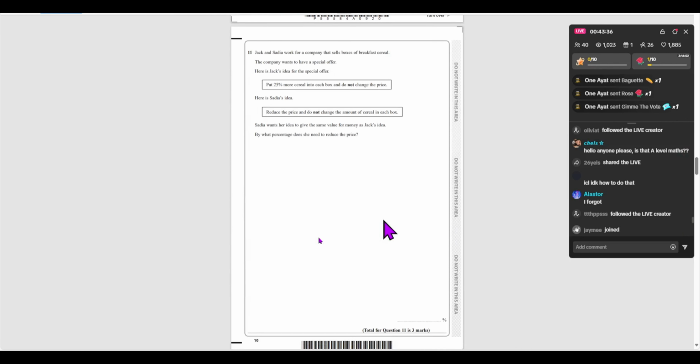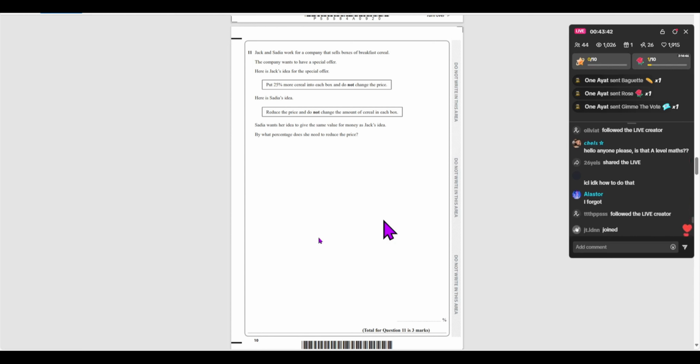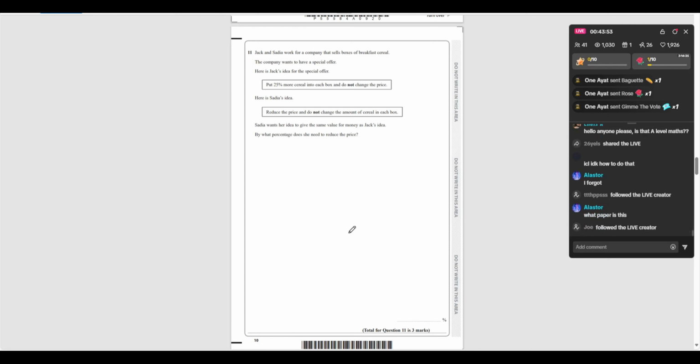Question number 11. Jack and Sadia work for a company that sells boxes for breakfast cereal. The company wants to have a special offer. Here is Jack's idea for the special offer. Put 25% more cereal into each box and do not change the price.